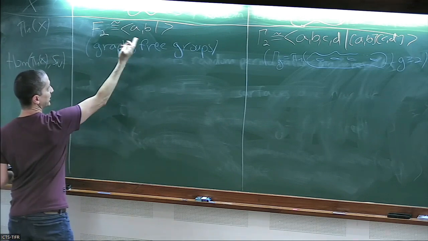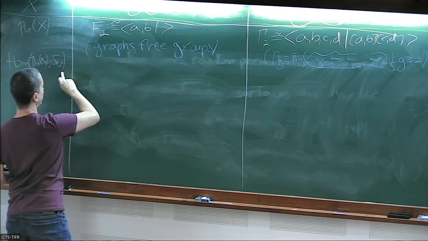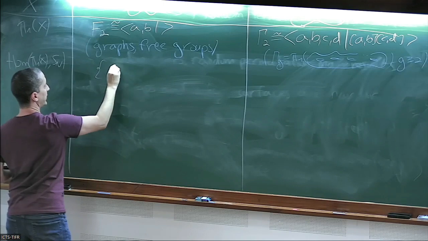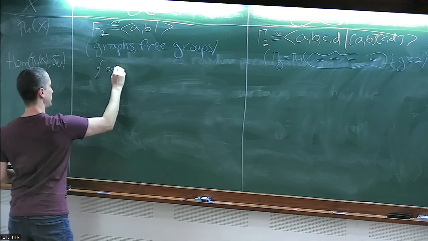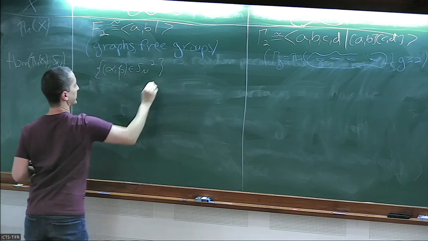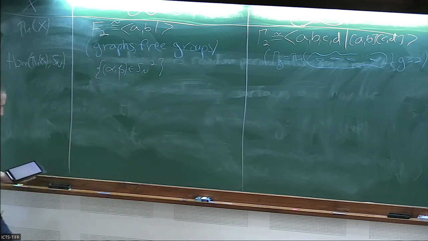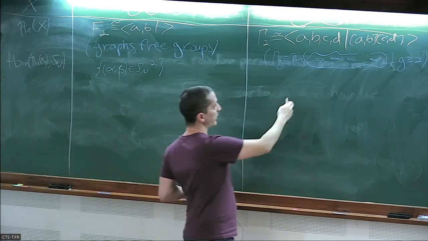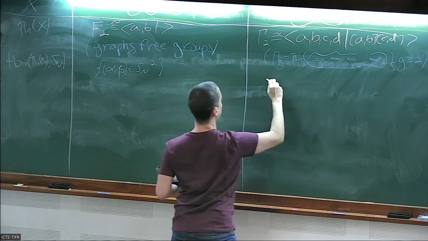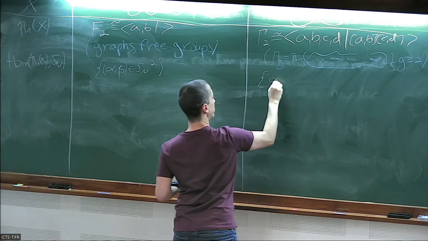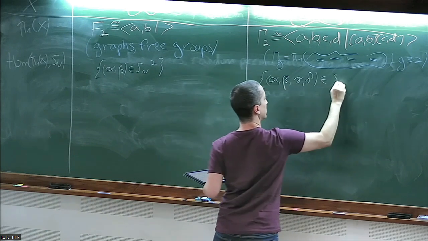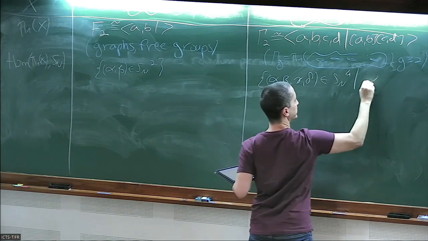This is a free group, so if I fix a basis, this set is the same as taking any pair of permutations from Sn. While here, of course, if I want to map this to Sn, I need to take 4 permutations which satisfy this relation. So these are all the 4-tuples of permutations which satisfy this relation.